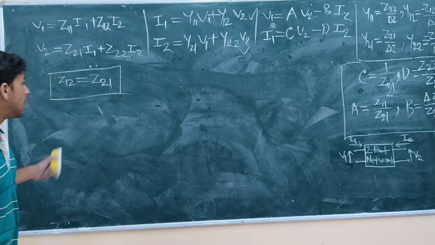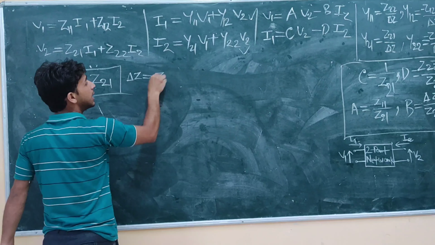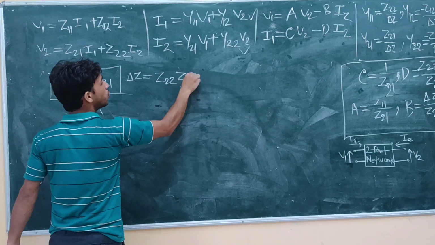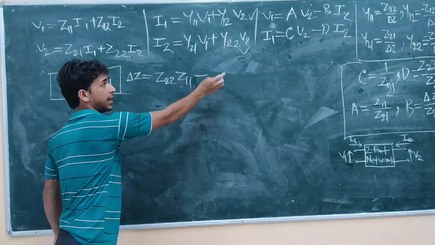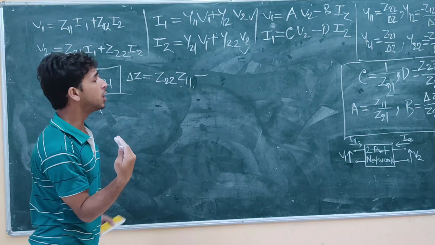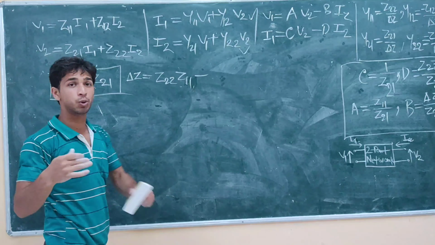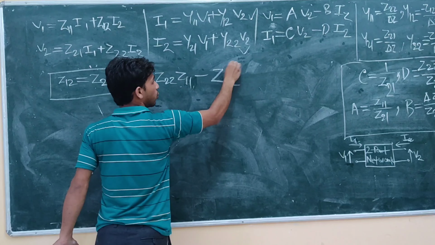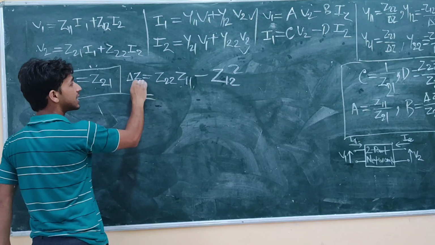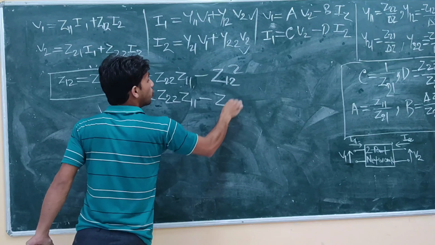So if this is the property, our delta Z value will change. Delta Z will be Z22 Z11 minus Z12 Z21. So we can write Z12 as Z21, that means here we have Z12 square, or we can write delta Z equals Z22 Z11 minus Z21 square.